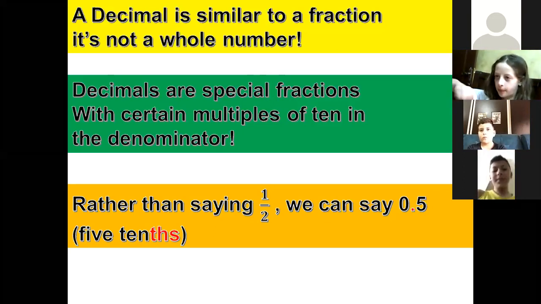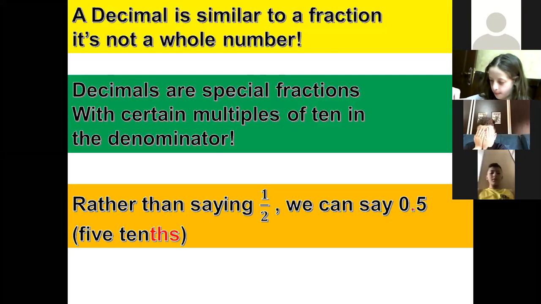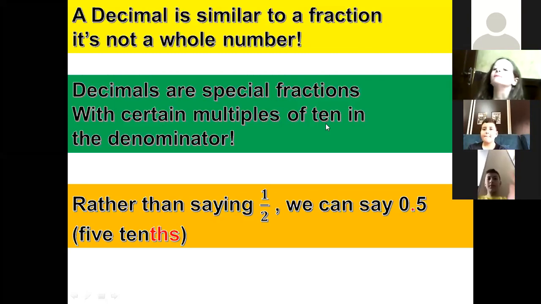They have different ways of writing, but they sometimes mean the same. So decimals are actually special fractions with certain multiples of 10 in the denominators. Multiples of 10 are 10, 100, 1,000, 10,000, millions, anyone with zeros, that's a multiple of 10.